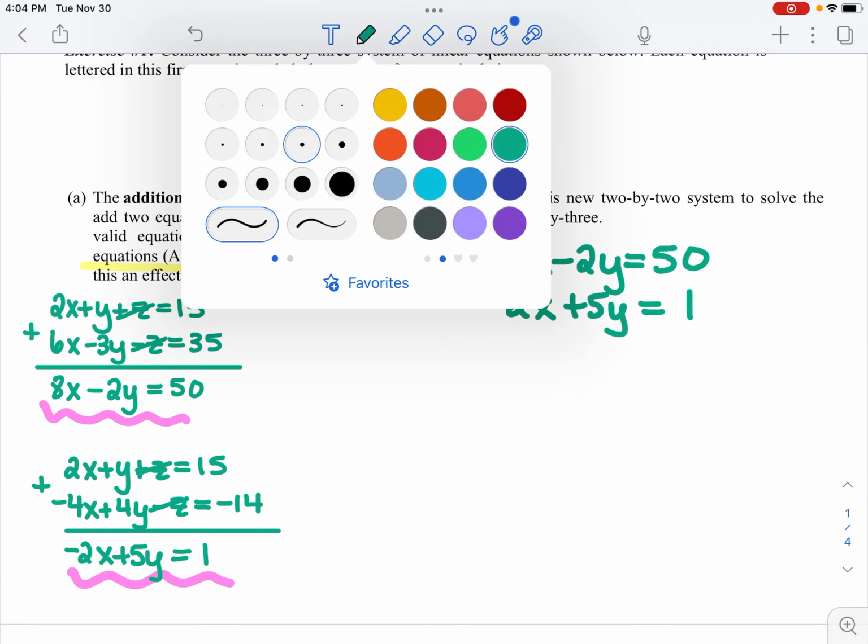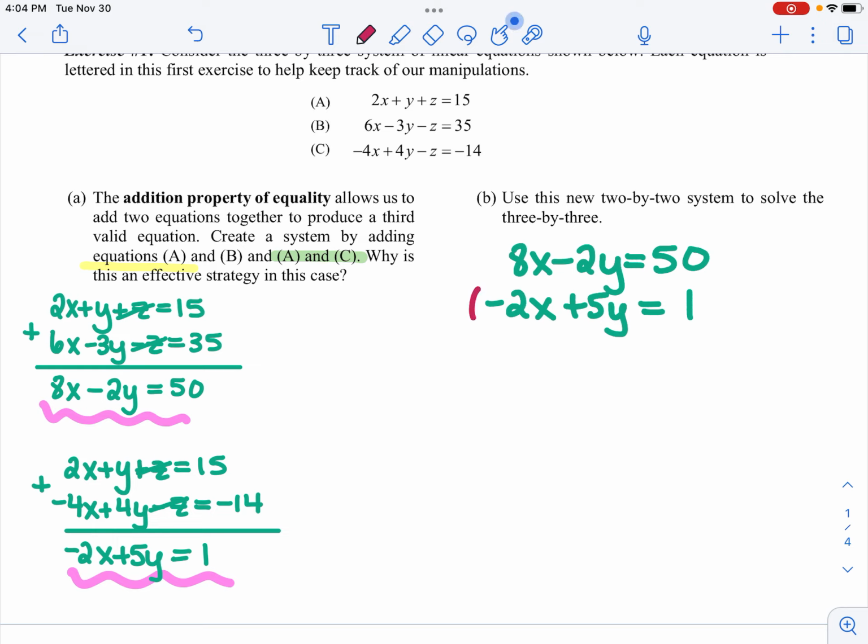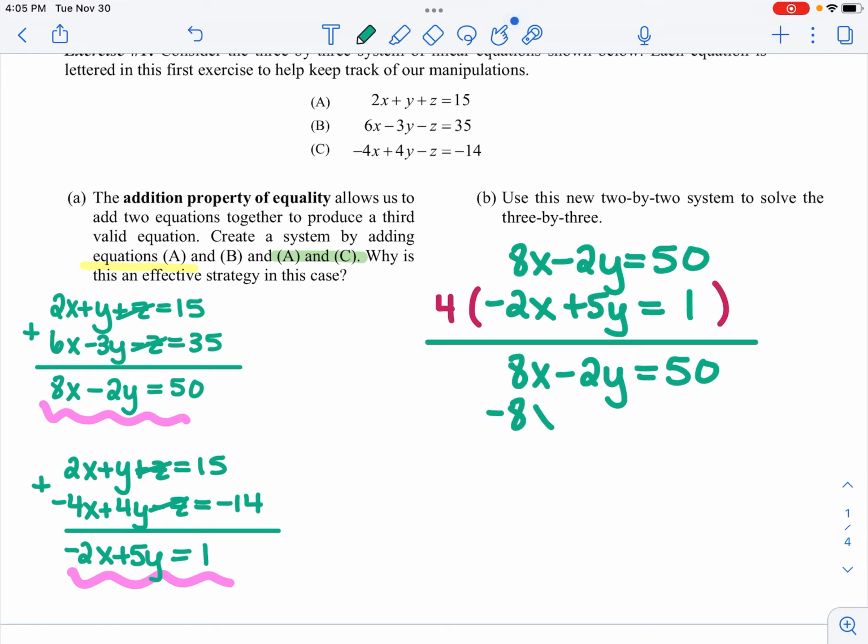So I'm going to take a step and multiply my second equation by 4. By doing this, I should now be able to cancel the x variable. So I'm just going to rewrite my first equation. If I distribute the 4, I would get negative 8x plus 20y is equal to 4.